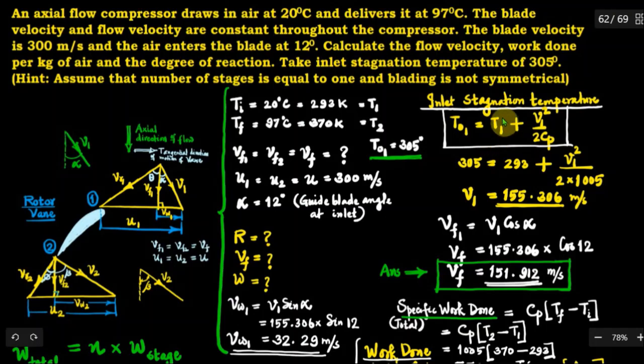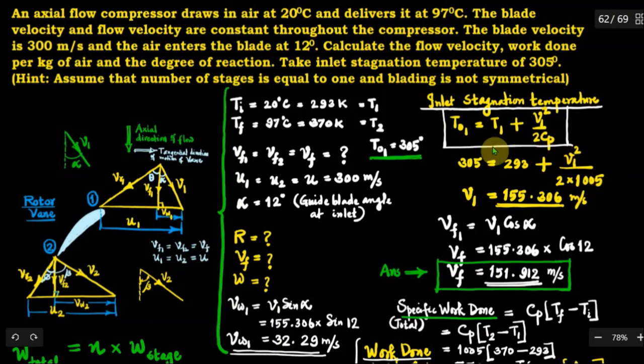So the stagnation temperature and static temperature at inlet are available now. Stagnation temperature is 305 and the static temperature is T1, that is air inlet temperature. So 305 is equal to 293 plus V1 square by 2 Cp, and specific heat of air at constant pressure is 1005 joule per kilogram Kelvin.